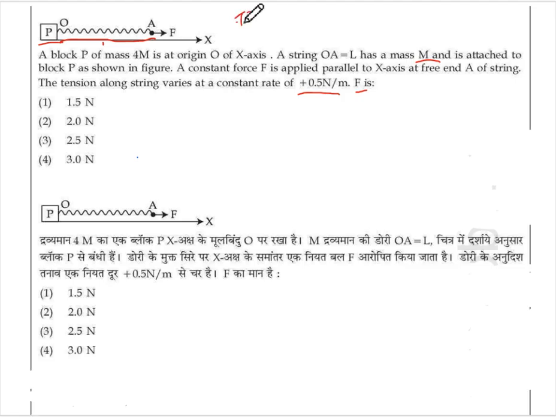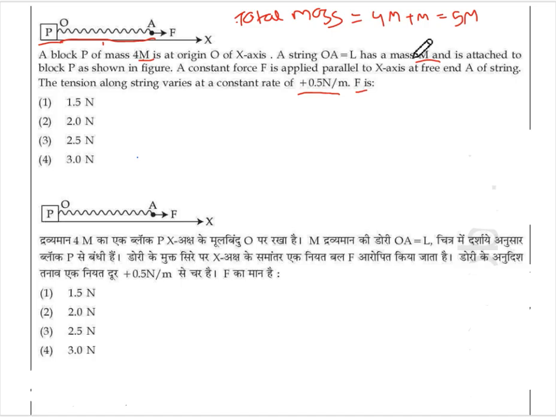So the total mass of the system will become 4m, the mass of the box, plus m, the mass of the string. So in total it will become 4m plus m, which is 5m.